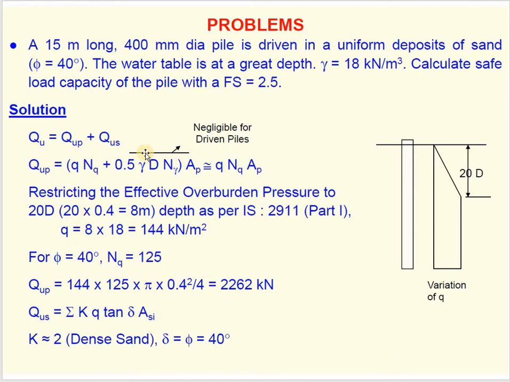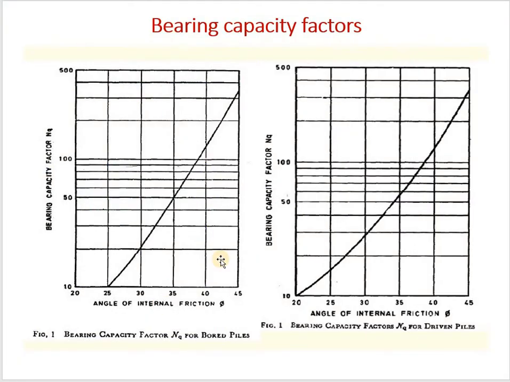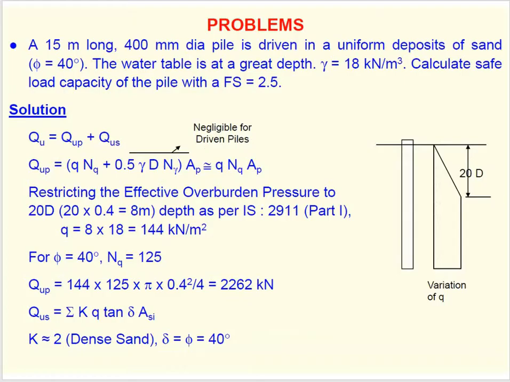So QUP is Q into NQ into AP. We have the effective overburden Q as 144, into NQ for a given phi value of 40 degree from this graph. This is for bored pile. You can get from the graph for 40 it is around 125. So you have the value 125.